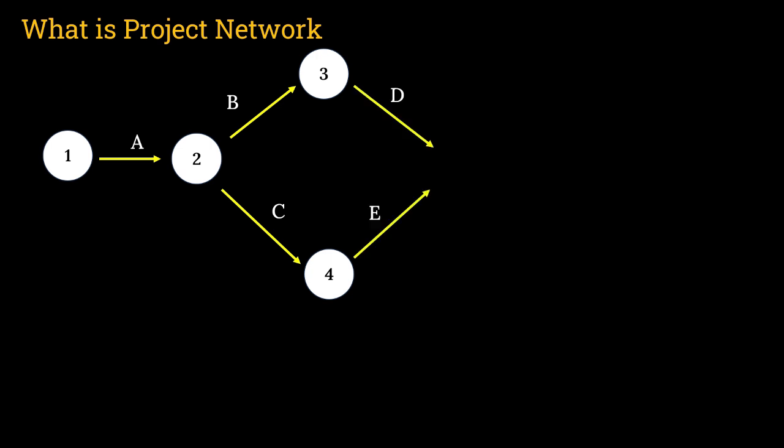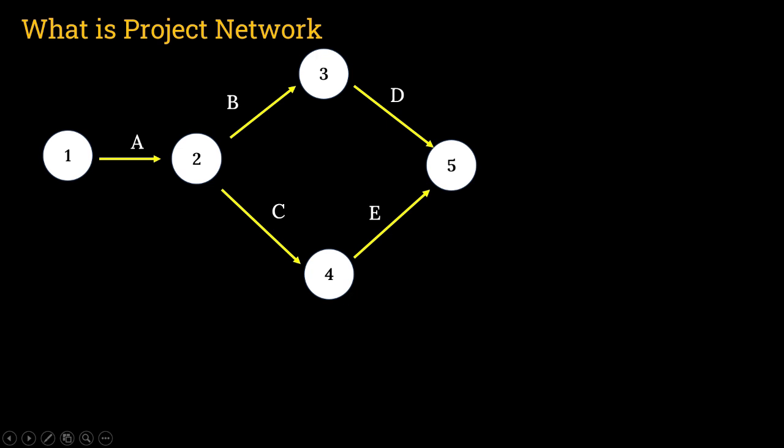Now, let us see this diagram. See that this is one imaginary project network, where the activity A is starting. Once the activity A is completed, two activities start from there, B and C, simultaneously. Here you can see A, B and C are connected sequentially.